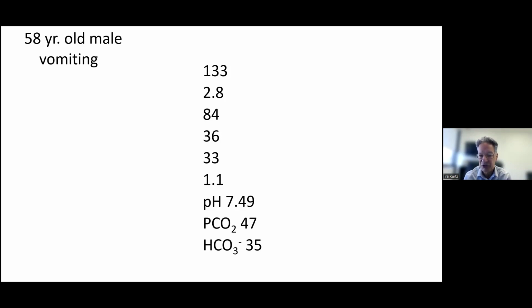So you calculate first the delta bicarbonate, and the next thing you do is you calculate the delta PCO2. And again, it's the same thinking. We don't know the original PCO2, so we'll assume it's 40, which would be the average of a group of males in a large population. And the delta here is 7. So the next thought is, what acid-base disorder has a change in bicarb to change in PCO2 of roughly 7 to 10?